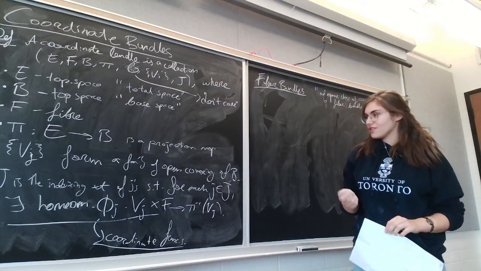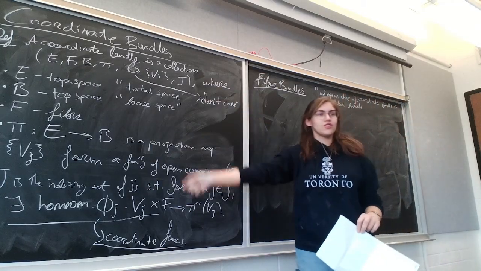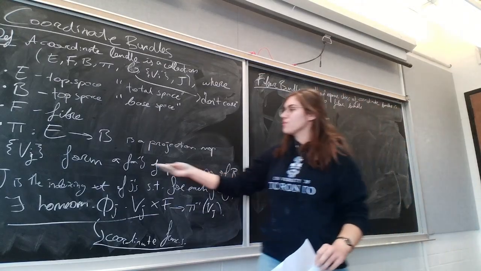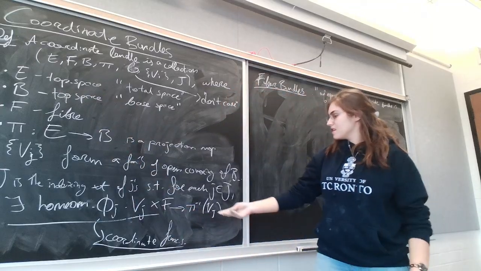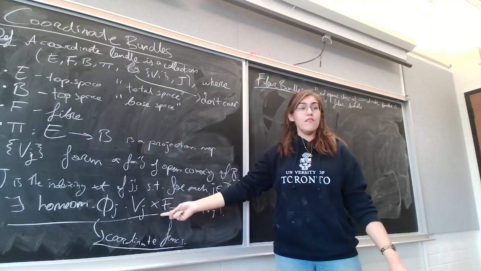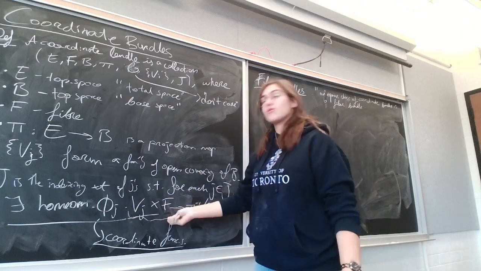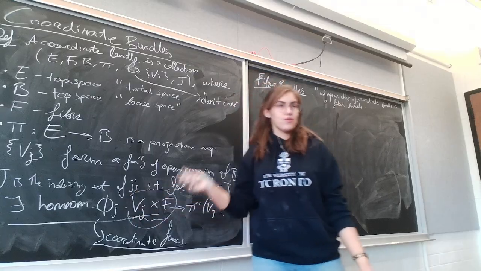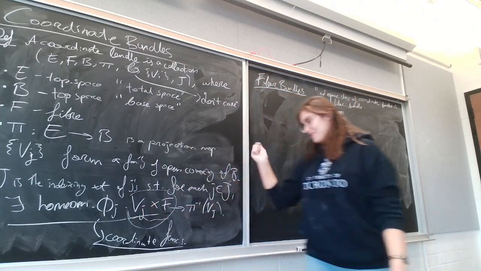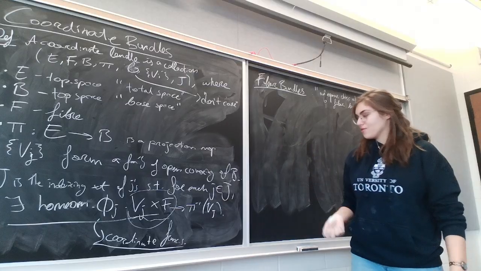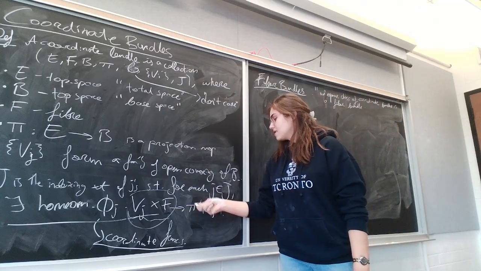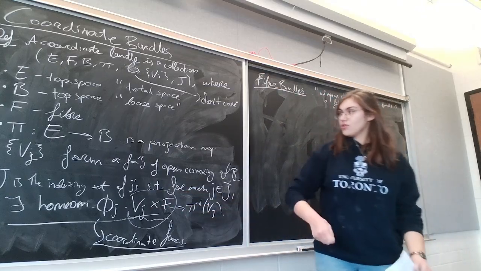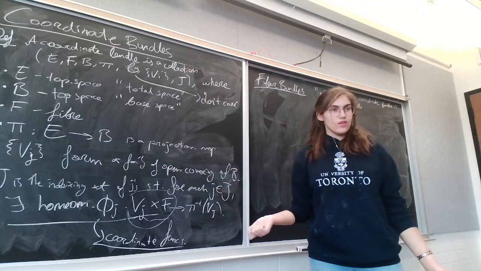Just realized I forgot to say something. This construction that I just drew here essentially means that you know how to put coordinates on B, and if you take B Cartesian product F, this means that you know how to put coordinates on this too, because the second part is just points of F. So for any point here, you know how to put coordinates, and the second thing will be just a point of F, and this means by the coordinate functions, you can put this whole thing inside the total space, so you know how to put coordinates on the total space too.